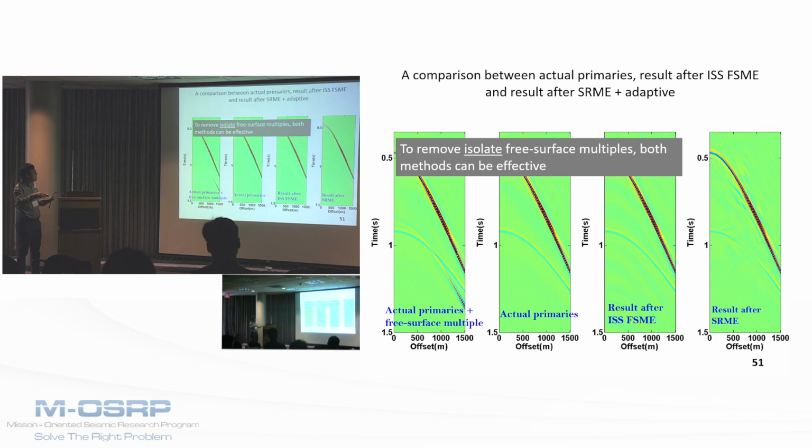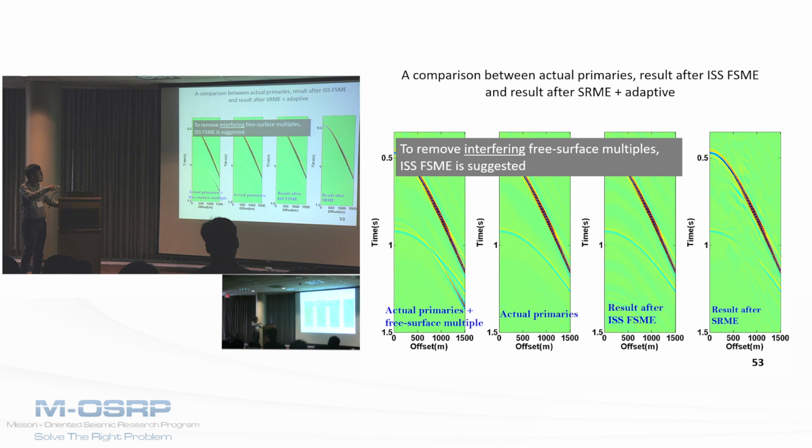So from this example, we show that to remove isolated free surface multiples, both methods can be effective, as we can highlight here, where these isolated free surface multiples are removed by both methods.